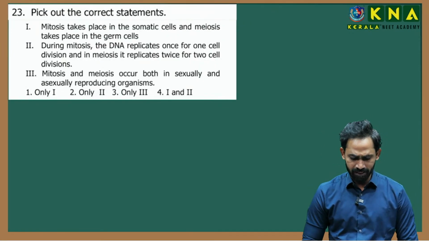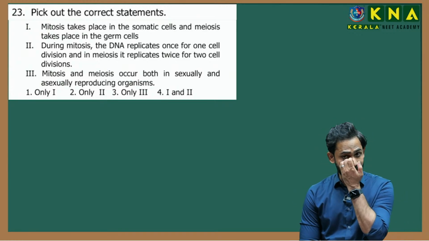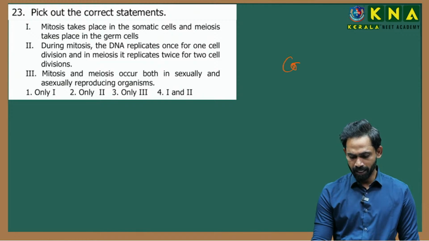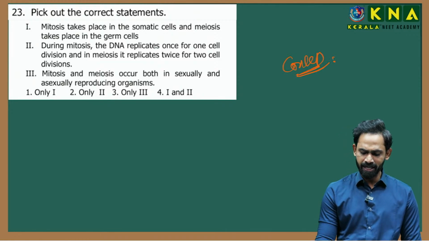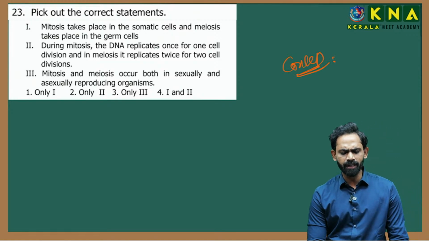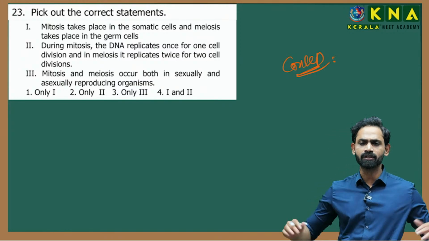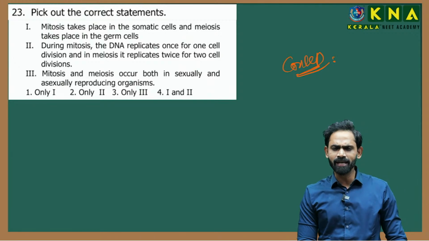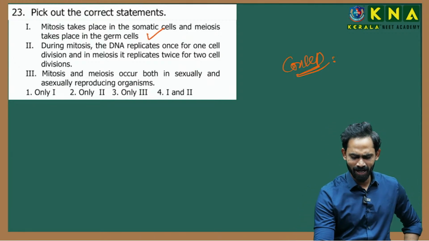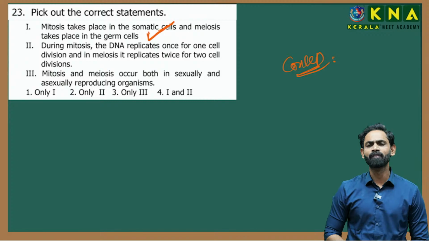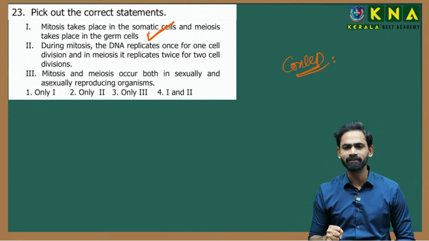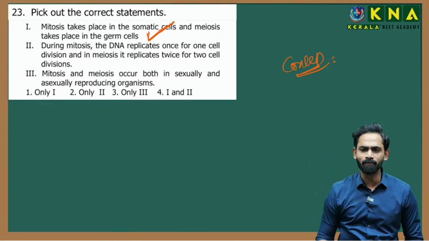Next one is something good, something conceptual. First, let me read it. Mitosis takes place in the somatic cells, body cells, and meiosis takes place in the germ cells. Correct. Mitosis takes place everywhere in the body, from here up to the tip.